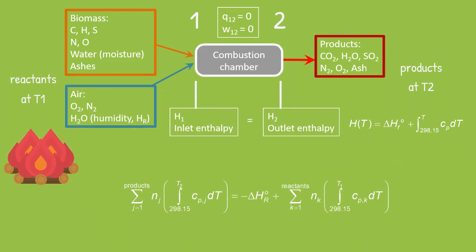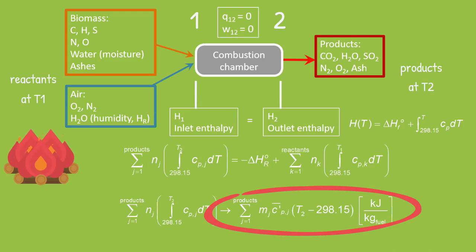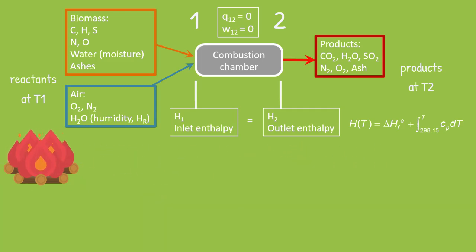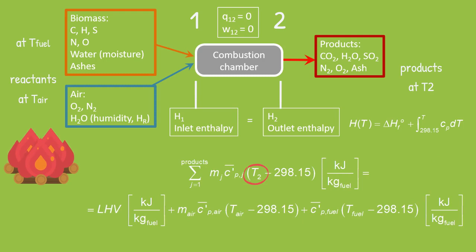Because for biomass we don't want to use the standard enthalpy of reaction but the heating value, we can use the specific heat in kilojoules per kilo and the mass fraction of each component instead of the molar fraction. Additionally, we can avoid the integration of the specific heat by using the mean specific heat between the reference temperature and the product's temperature. With this approximation, it is easy to calculate T2, the adiabatic combustion temperature.